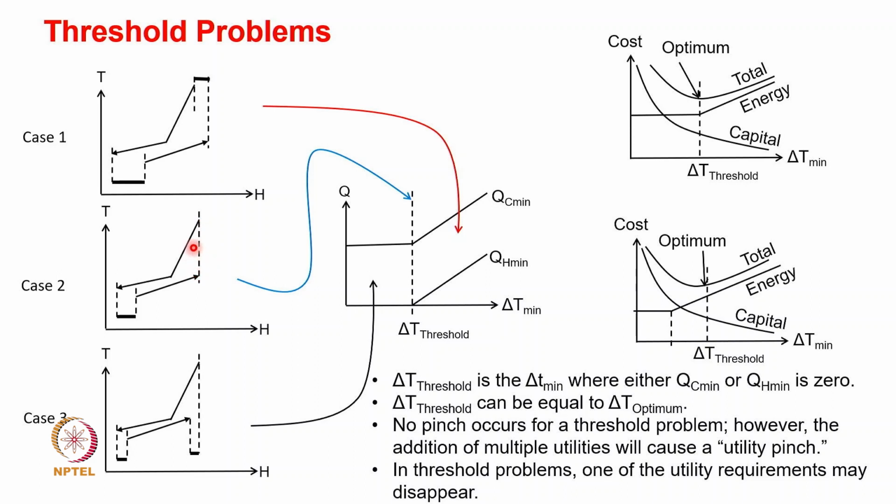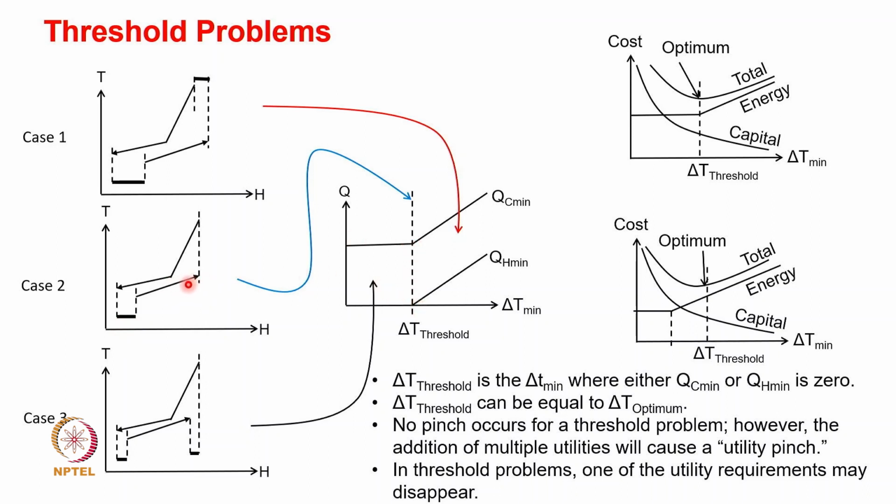The requirement of the hot utility has been adjusted by moving them together. So the coverage is complete at the hot side, but you can see that there is certain void in the cold stream. And you can further move it back.